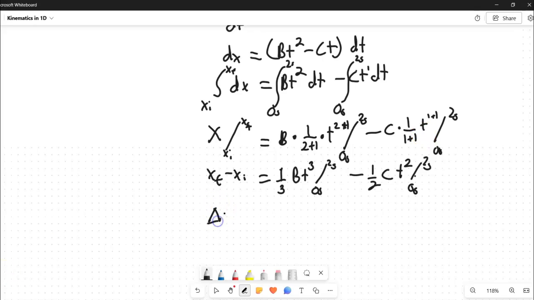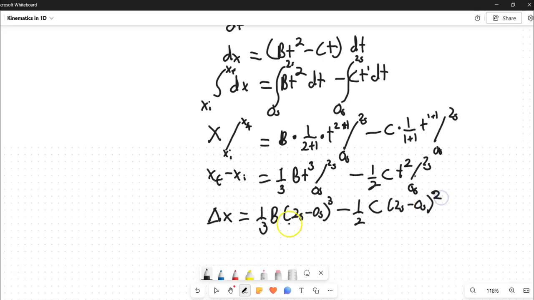So x final minus x initial is just delta x. This is 1/3 b times 2 seconds minus 0 seconds, cubed, minus 1/2 c times 2 seconds minus 0 seconds, squared. That is delta x here.